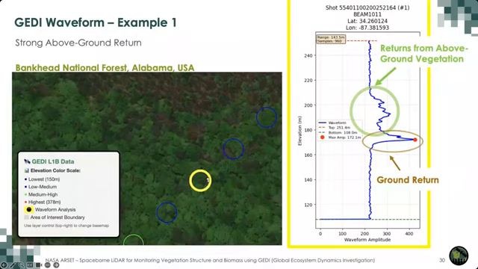The trees within the highlighted yellow example footprint in the forest appear mostly green. Looking at the corresponding waveform plot to the right of the map, the first peak of the waveform that you see circled in brown corresponds to the laser energy returns that reached all the way to the ground, since these correspond to the lowest elevation peak.